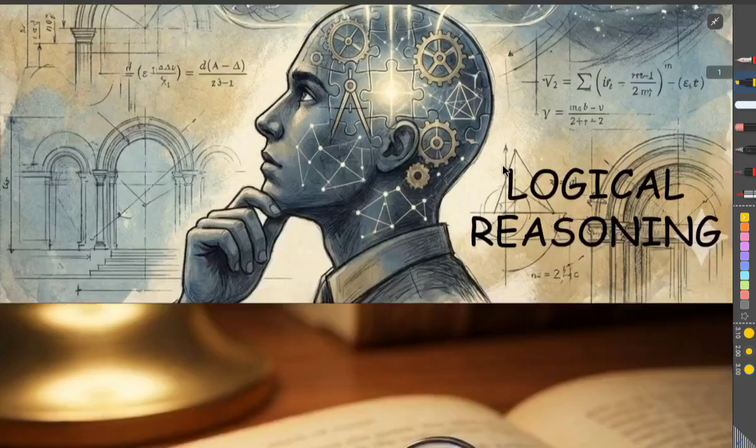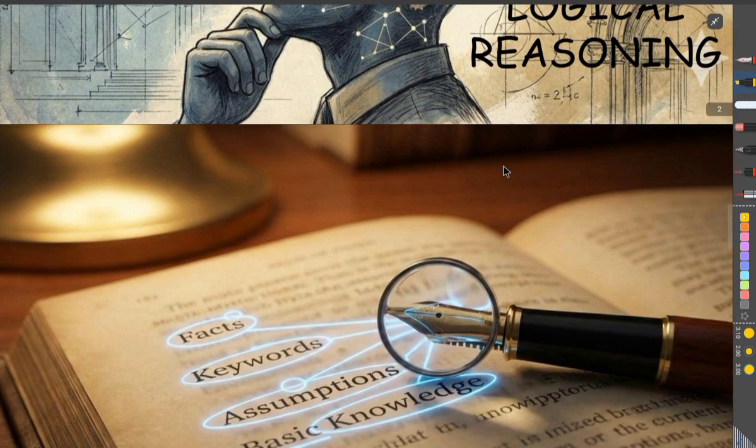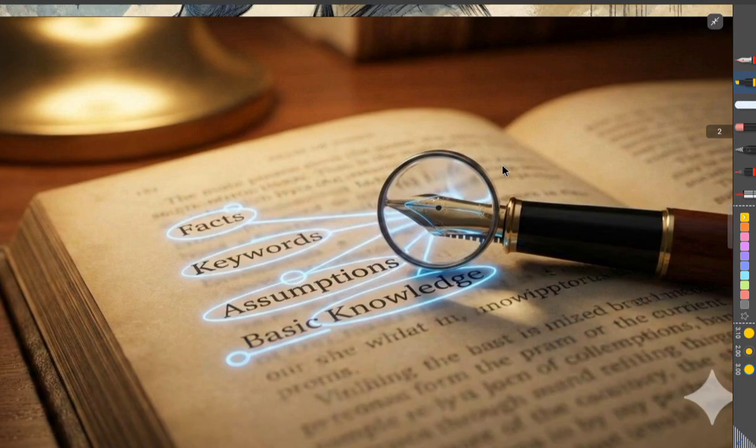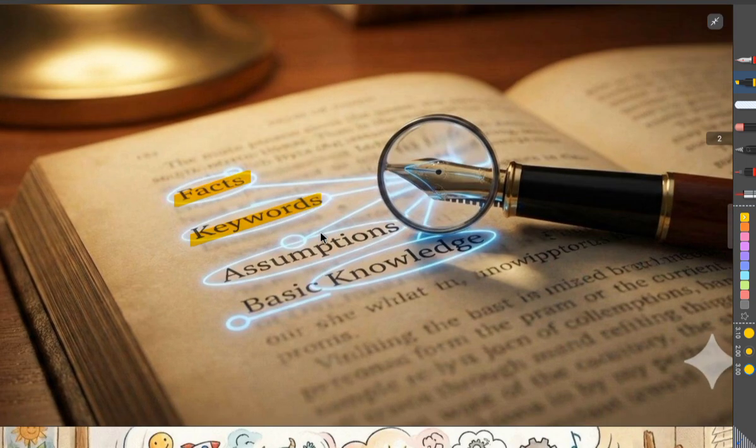So logical reasoning, the word or the process in this context in UPSC prelims or in solving questions, what does it mean? It means we need to identify the facts, we need to identify the keywords that are given in the question, and we need to take some assumptions. Not only that, but we have to use our basic knowledge to arrive at the answer.